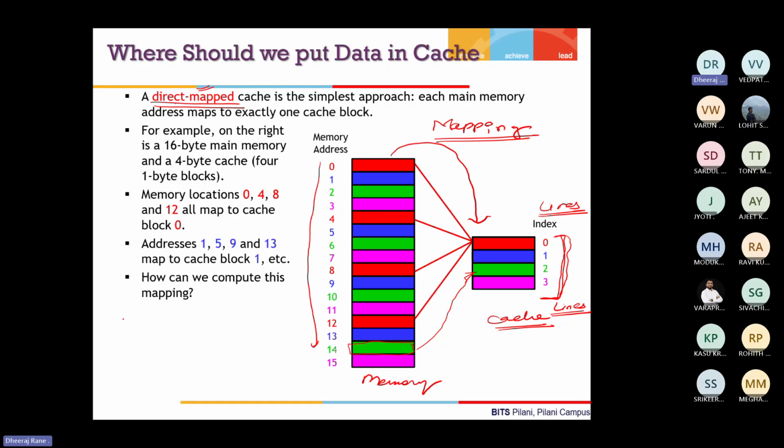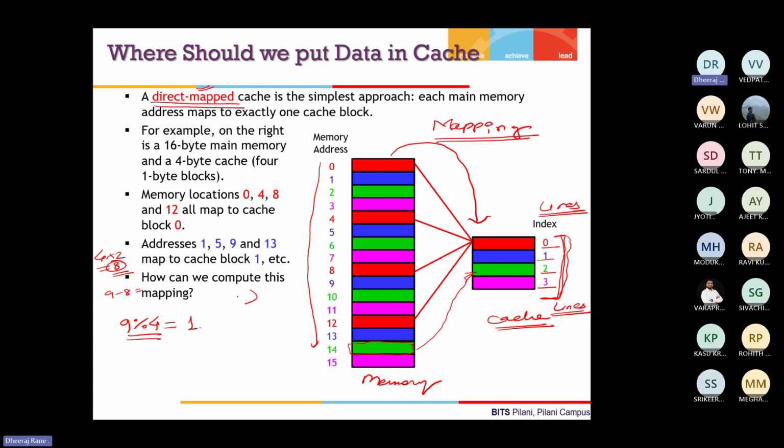If I randomly pick 9, and here I know the indexes are 0, 1, 2, and 3. Modulus, I hope you all know, is whatever remains. If I divide 9 by 4, 4 twos are 8, so this modulus operation gives me 1, because 8 is already done and whatever remains.